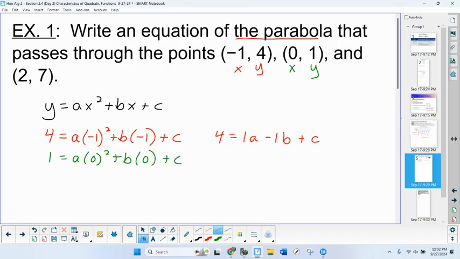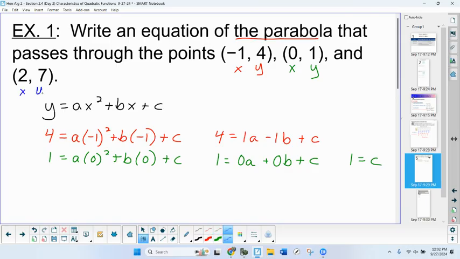Let's clean that up. What's 0 squared? So I have how many a's? 0. How many b's? How many c's? So don't I really have 1 equals c? Okay. That's my middle equation. That'll be helpful to us in a minute.